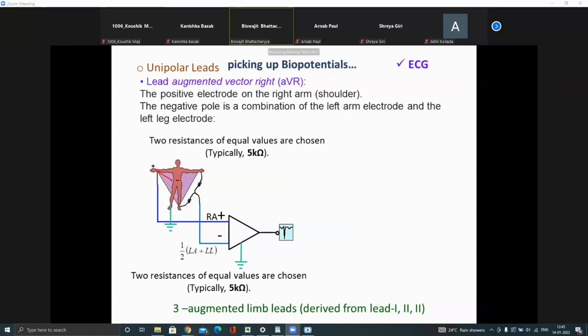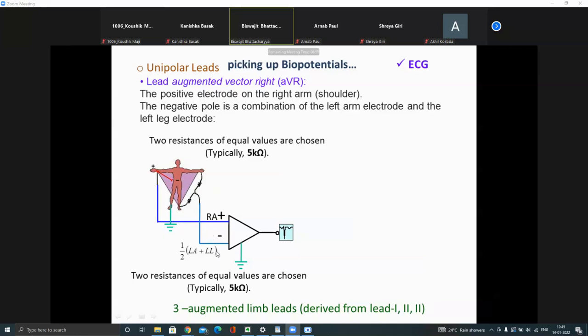So here what happens? The positive electrode, which is applied to the non-inverting terminal, as you see here, will be applied to the right arm or shoulder.